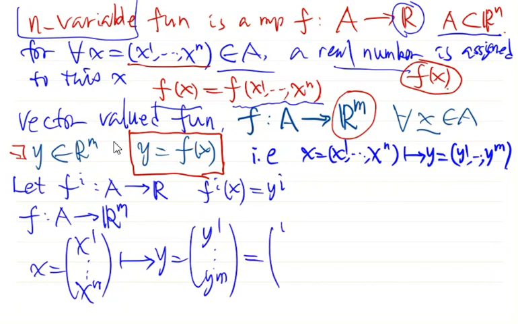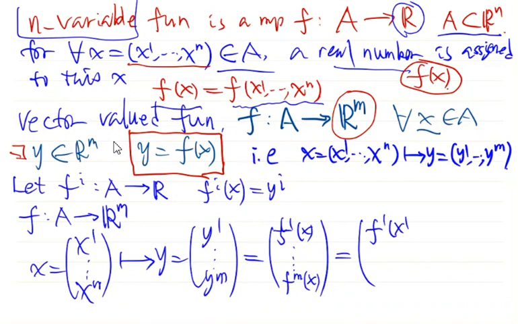So y1 is f1(x), y2 is f2(x), ym is fm(x). If you write x component wise, this is (f1(x1, ..., xn), ..., fm(x1, ..., xn)). So this is a vector valued function.